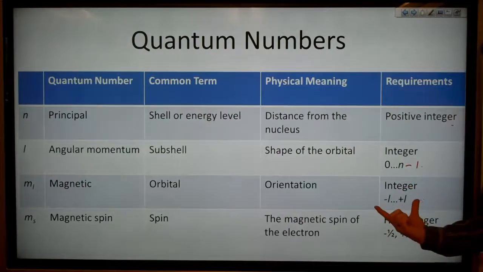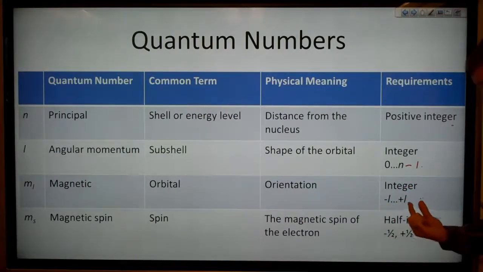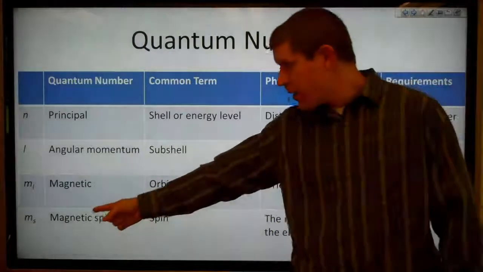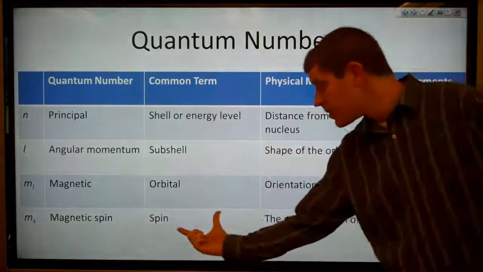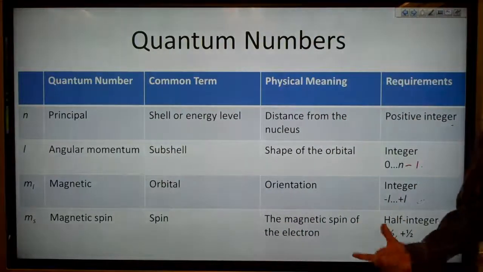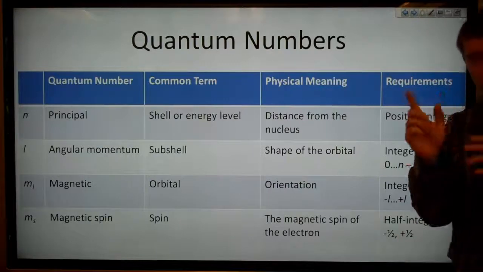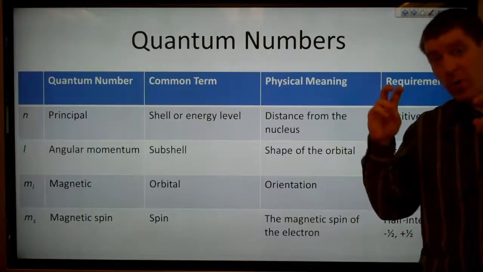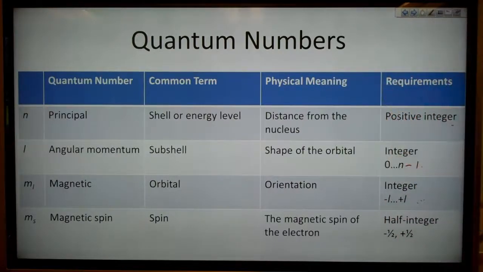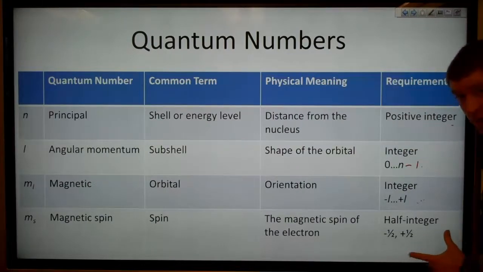The m sub L value there has possible values from -L to +L. It also has to be an integer. And then we have m sub s, our magnetic spin. That's the spin on our electron, the magnetic spin as sort of the direction, whether it's sort of a north pole or south pole electron. And those have to be a half integer value, so either -1/2 or +1/2.